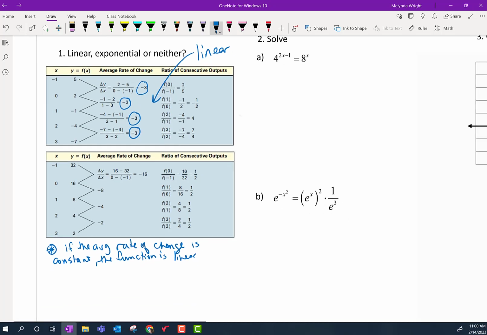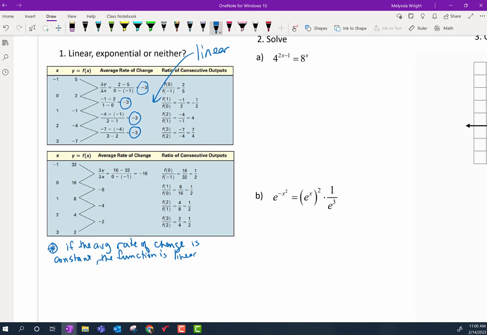Okay, our second note that we need to know is if the ratio of consecutive outputs is constant, the function is exponential.